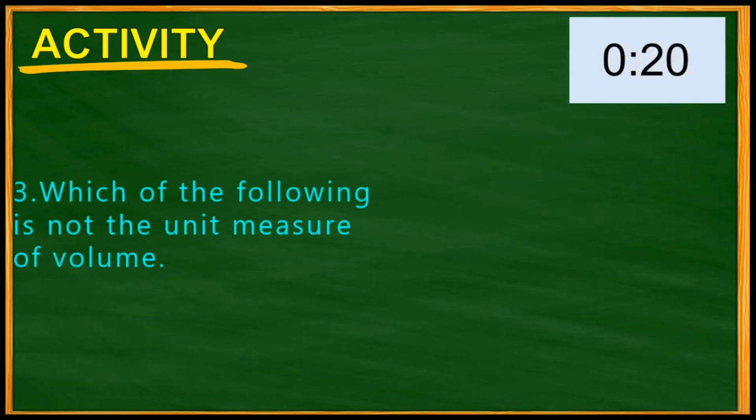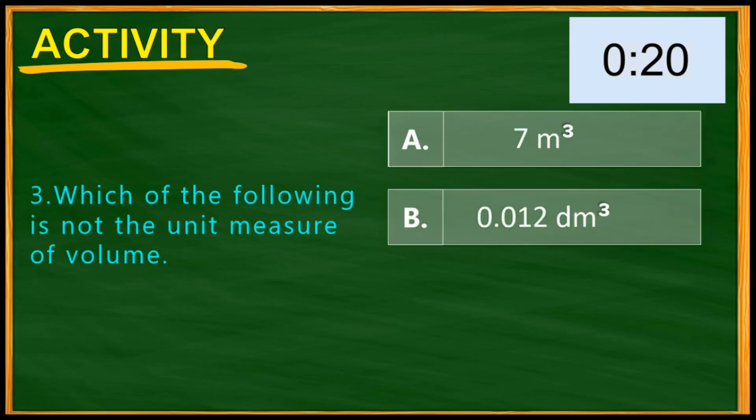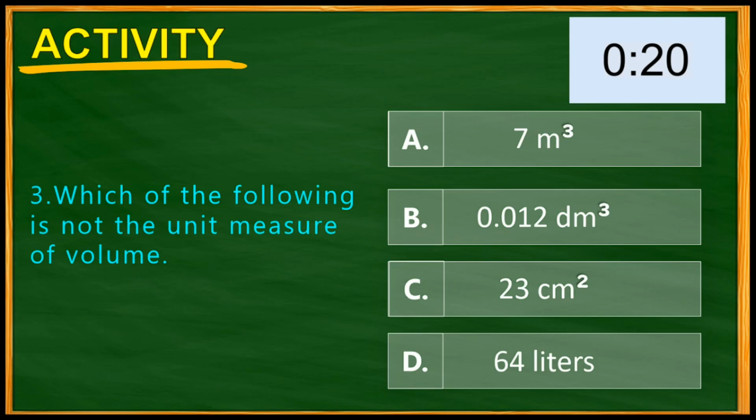Then for number 3, which of the following is not a unit measure of volume? Is it letter A, B, C, or D? You have 20 seconds. Your timer starts now.